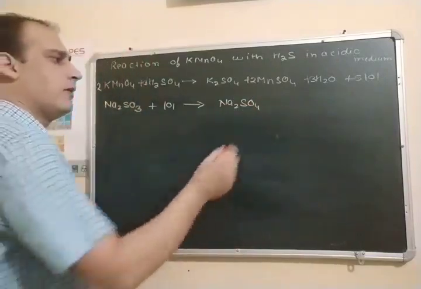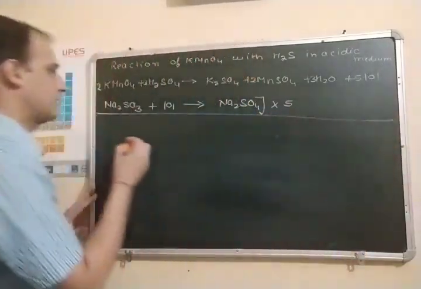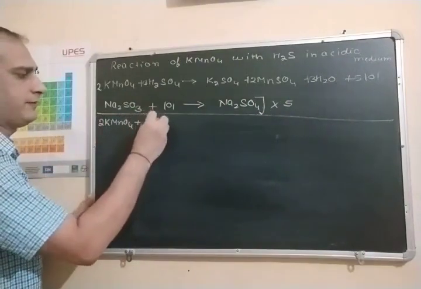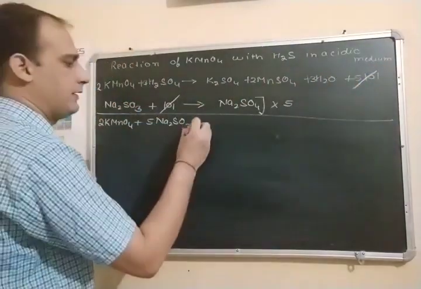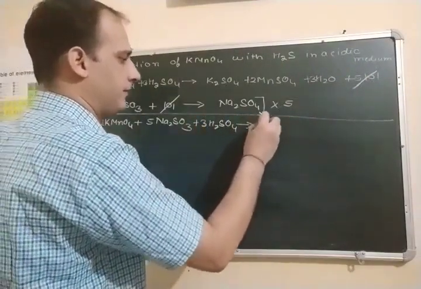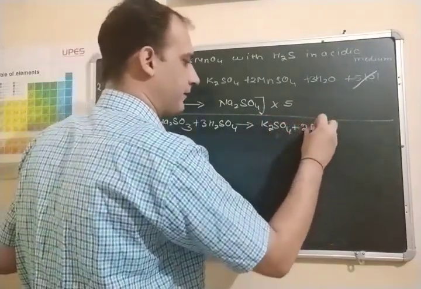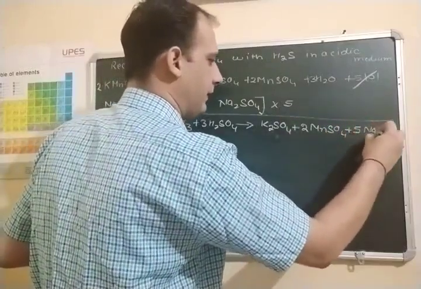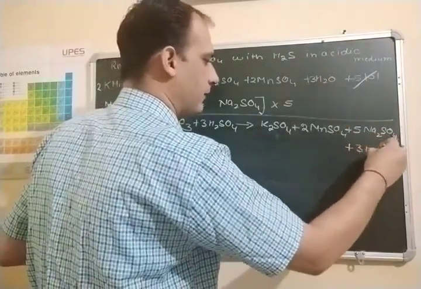Na2SO4. And how many such kind of reactions can take place? 5 reactions. So as far as overall reaction is concerned, 2 KMnO4 plus 5 Na2SO3, 5 nascent oxygen will be cancelled out, plus 3 H2SO4 give rise to K2SO4 plus 2 MnSO4 plus 5 Na2SO4 along with the formation of how many water molecules? 3 water molecules.